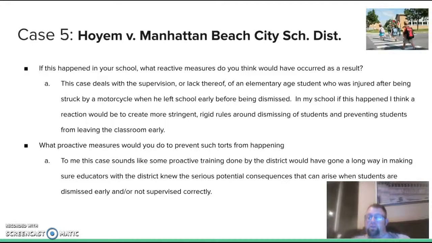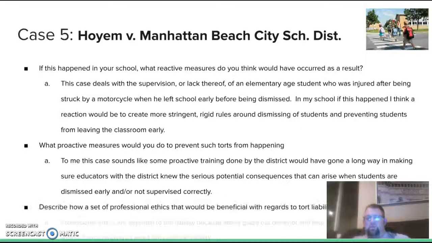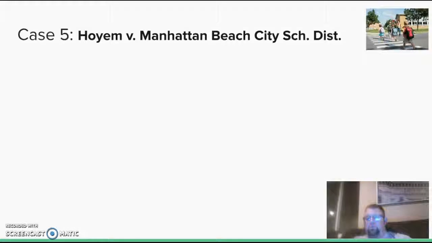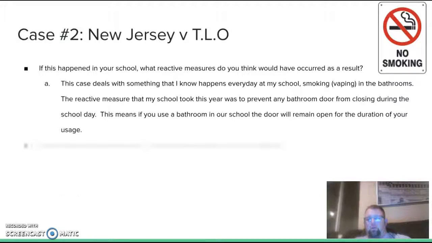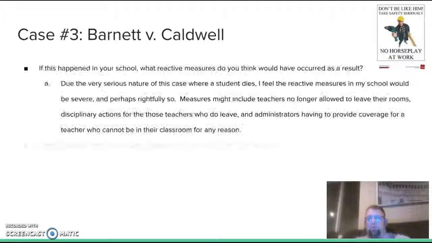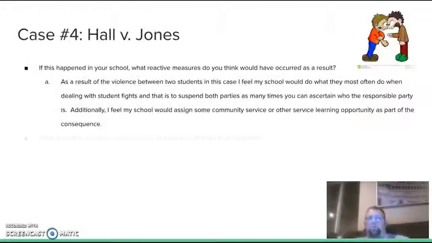Proactively, I think we need to train teachers about the liabilities associated with letting students go early, and also making sure that teachers understand how they would be liable in this case. And then again, with our ethics, just understanding that making the right choice and the ethical choice can reduce our exposure to liability. So those are my 5 cases.